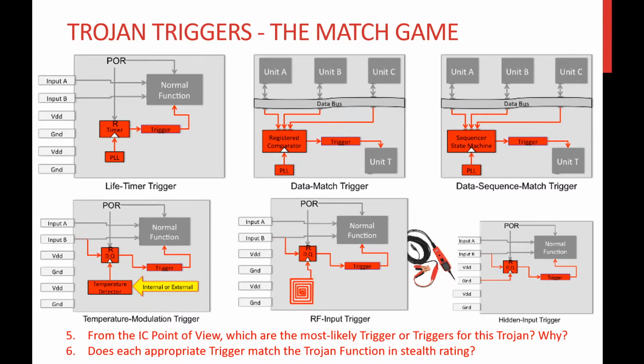It could also be a data match trigger, an RF input trigger, and a hidden input trigger. These triggers allow either remote operation, conditional operation, or direct tampering operation, which may be valid scenarios.